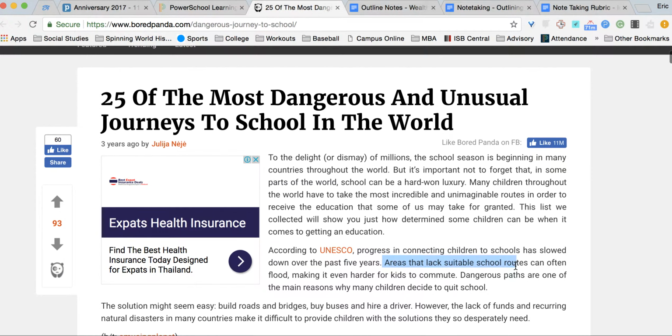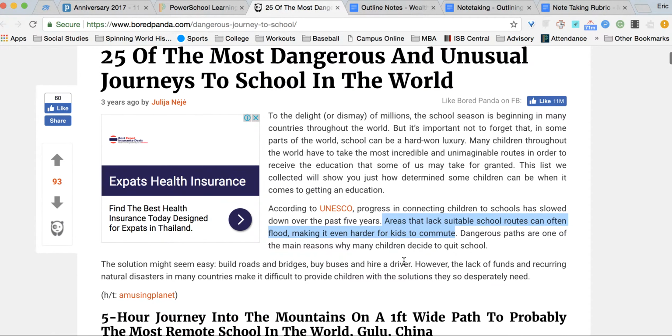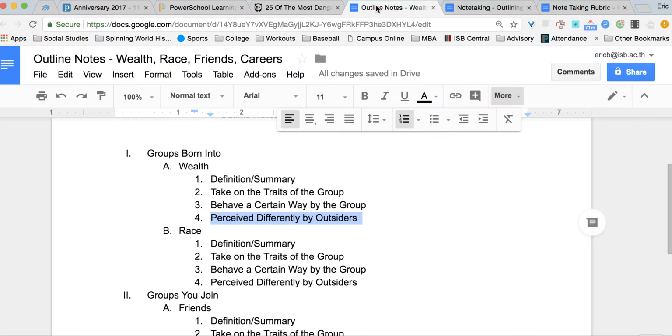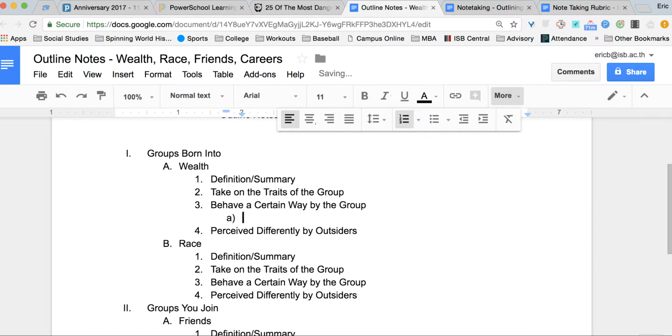Areas lack suitable routes and can often flood. It's harder for kids to get to school. Okay, so here we go. Dangerous paths are one of the main reasons why many children decide to quit school. So right now we have a way that your wealth can impact you. So I'm going to do behavior of wealthy and behavior of poor.